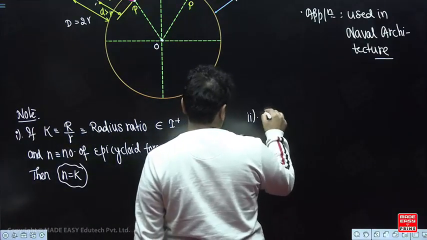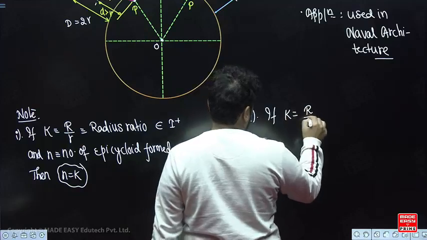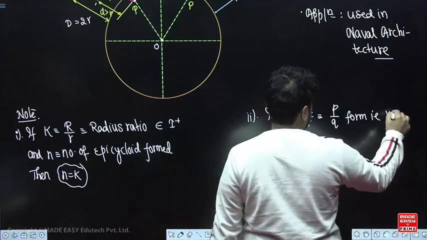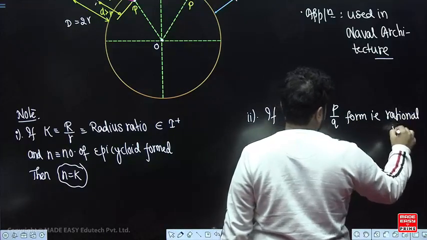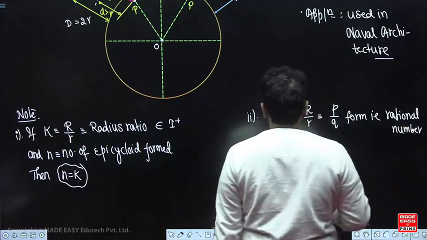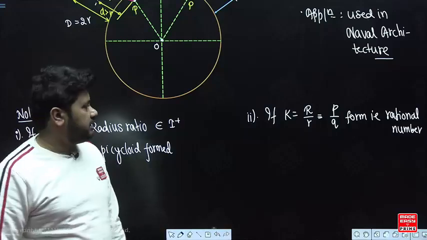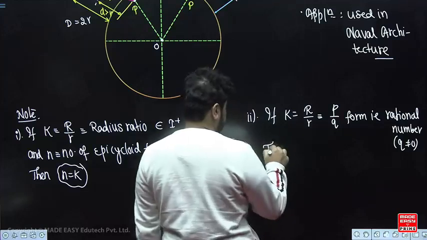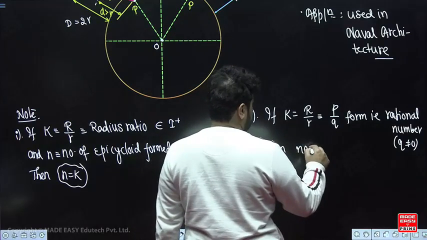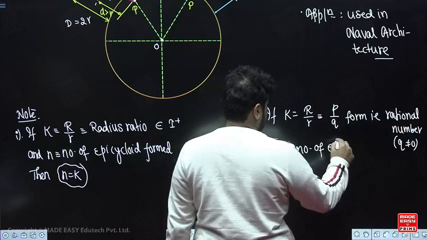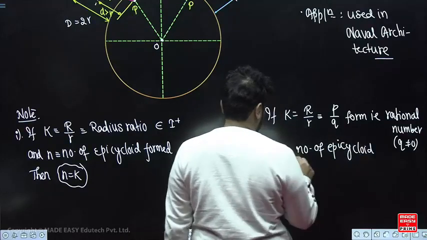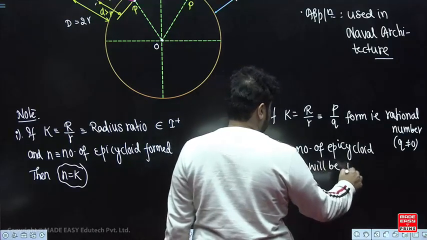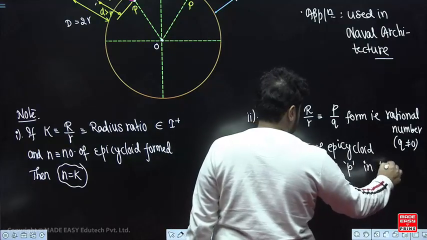Note number 2, if radius ratio R upon r is of the form p upon q, that is rational number where q is not equal to 0, then number of epicycloid formed will be p in q revolution.